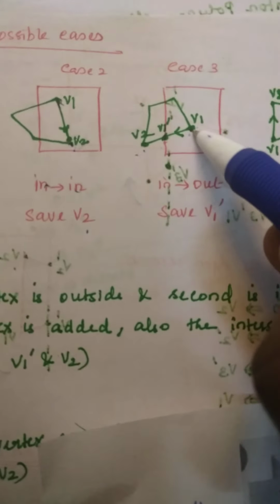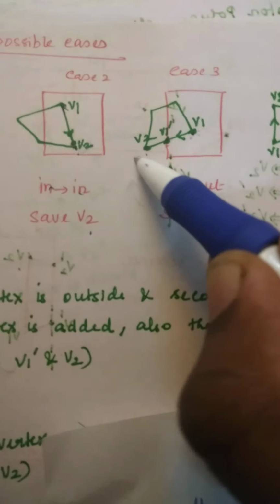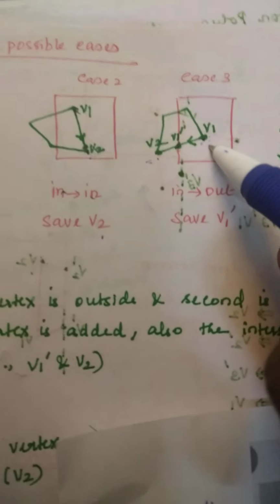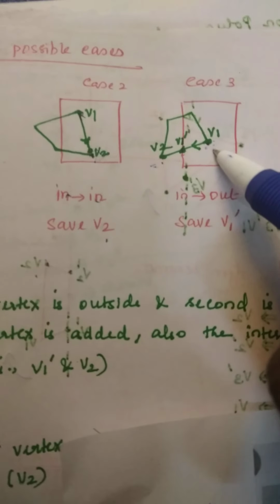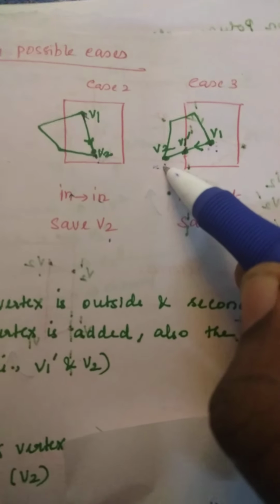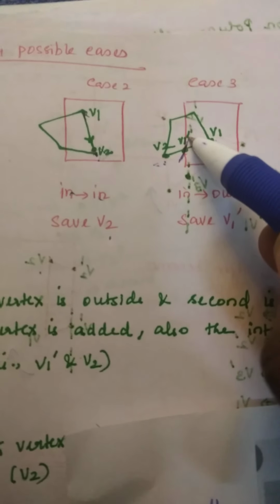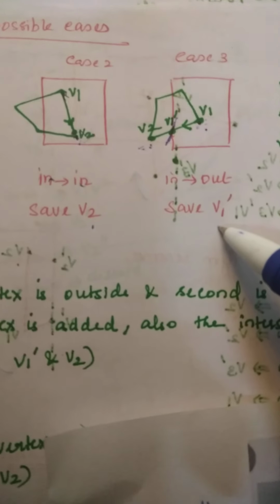The line flows from V1 to V2 in this direction. So the edge which intersects the window is added. So V1 dash is added.